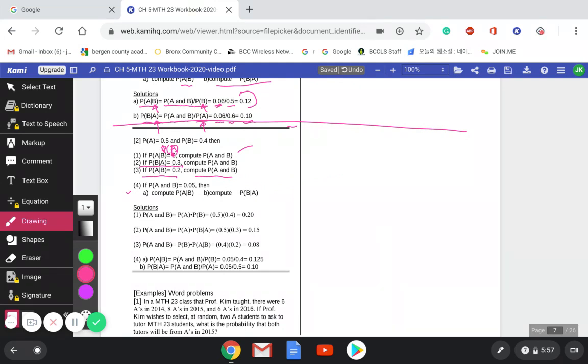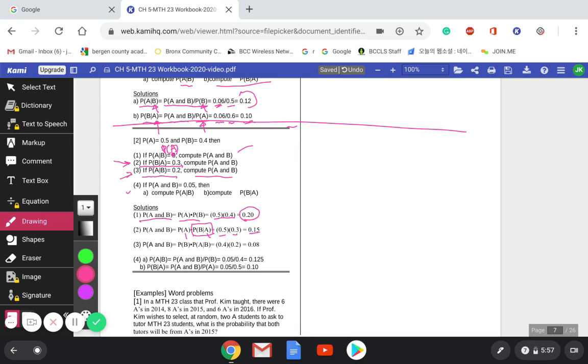Number 1, probability of A and B, since they are independent, you multiply each other and it becomes 0.20. Now when probability of B given A is given as 0.3, then you have to use that 0.3, and A has to match it. So 0.5 times 0.3 equals 0.15. How about number 3?